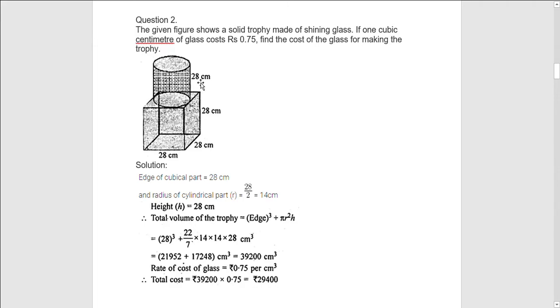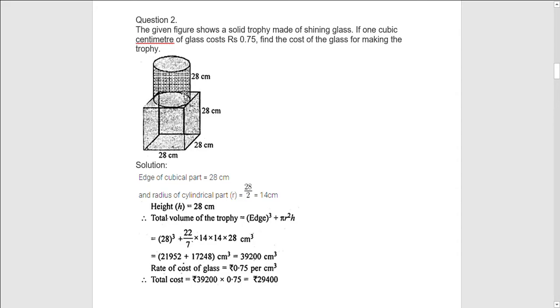It is 20. See, the base diameter, this is kept on the cube. So base diameter is equal to the side, 28. So what is the radius of the base? 28 upon 2, 14.